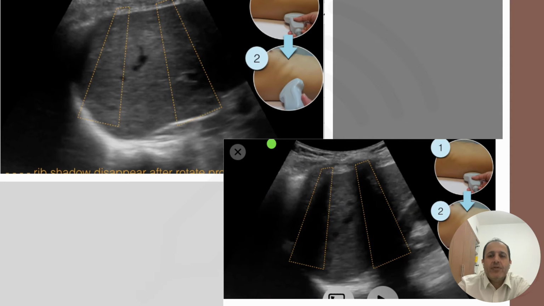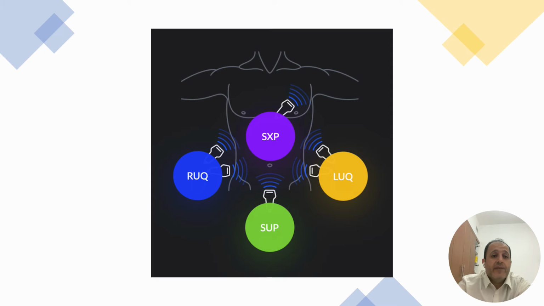You can ask the patient to take a breath to remove this shadow, or you can tilt the transducer, the probe, 90 degrees, rather than keeping it vertical. So in this image there is no shadowing, so you can easily remove the shadow to get better images so as not to miss any free fluid.